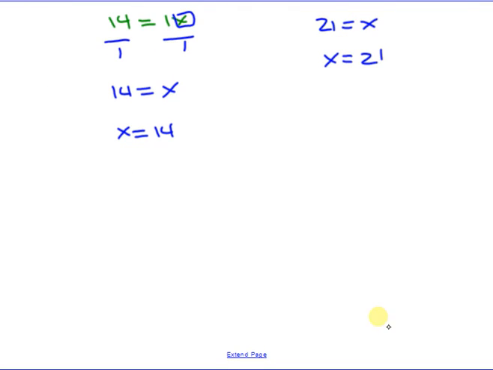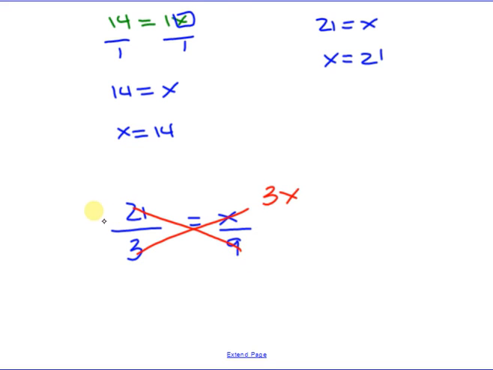So I'm going to go down here. So 3 times x is 3x. 21 times 9 is 189. 189 equals 3x.